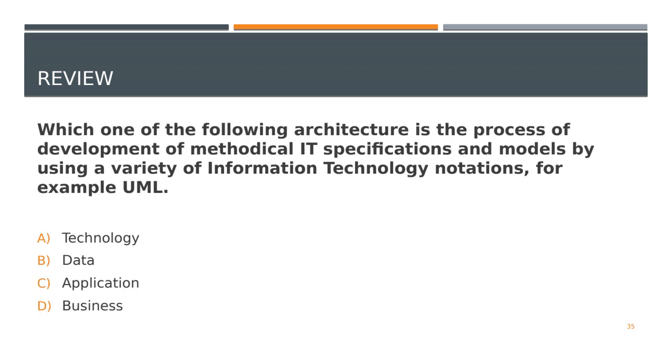Which of the following architectures is the process of development of mathematical IT specifications and models by using a variety of information, for example UML? Which one? A, technology, meaning technical. Very good. Technology means technical.